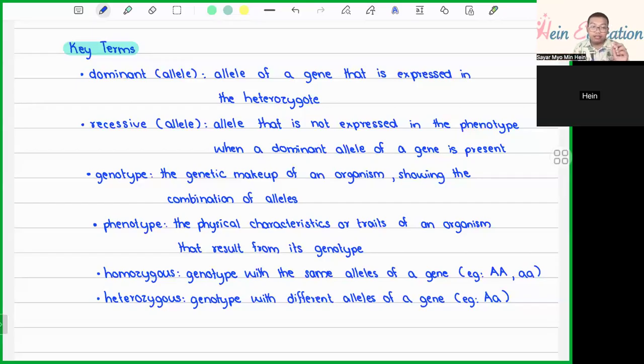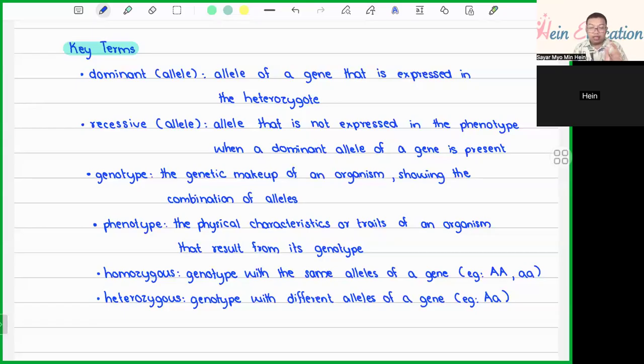And the last two definitions are homozygous and heterozygous. Homo means same and hetero means different. So homozygous means a genotype with the same alleles of the gene. I give an example, capital A capital A, or small a small a, where both letters are the same.